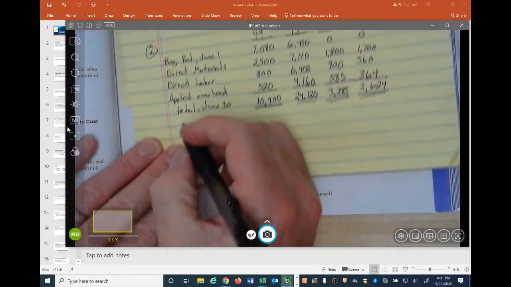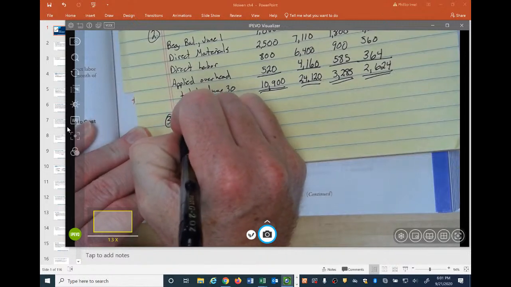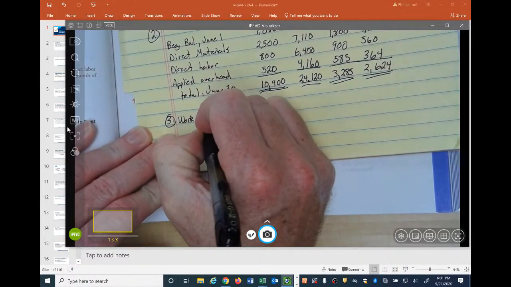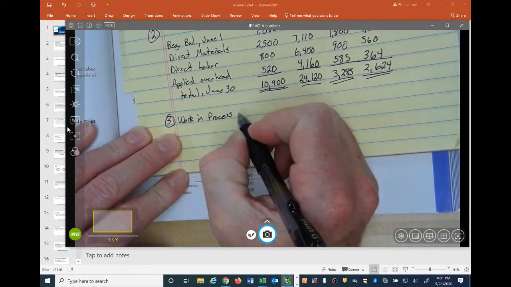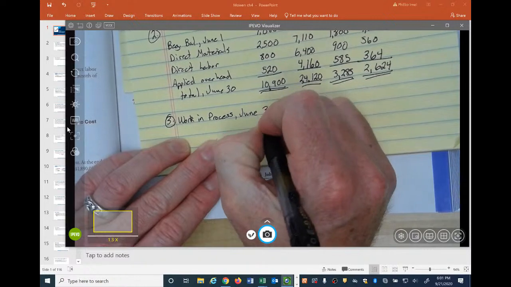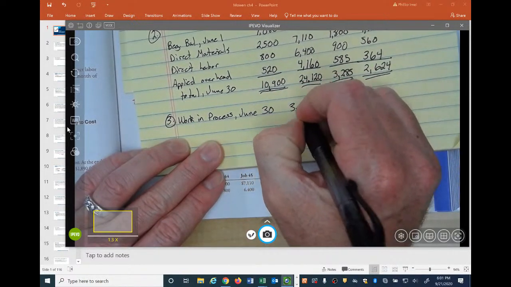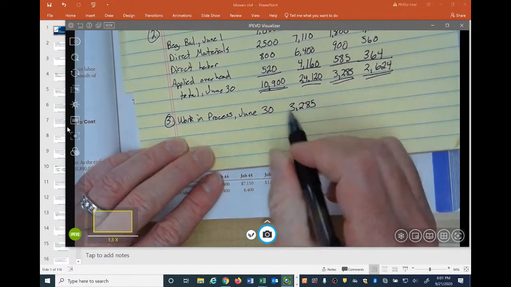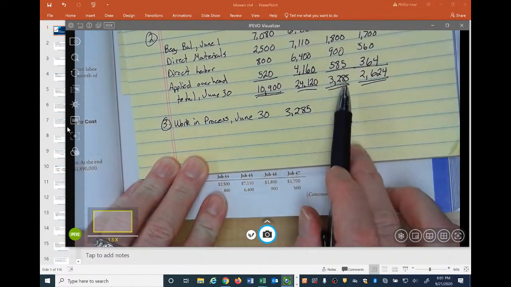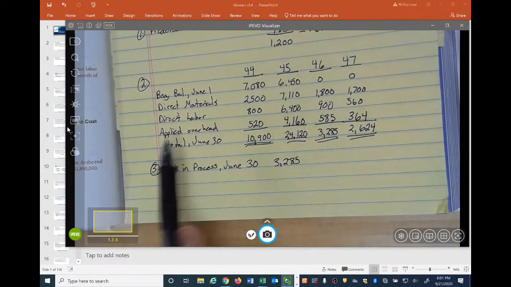Okay, so for 3, work in process for June 30th is going to be $3,285. And once again, that's because only job 46 is going to remain in work in process, right? The other ones were removed. So if they remove them out of work in process, then obviously it's going to be in finished goods, right?